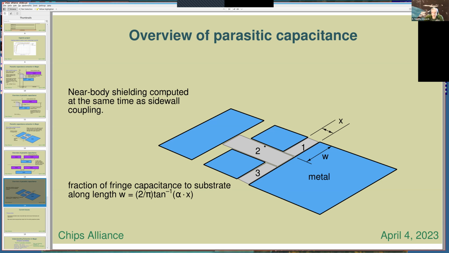And I subtract that off from the total capacitance to substrate. Again, that works, and it actually saves some coding from what I had before. I was previously calculating the effect of the near body, and now I simply don't compute the fringe capacitance beyond the near body and its equivalent. So I actually sped up the calculations a bit that way.